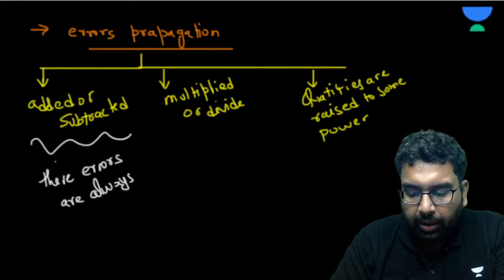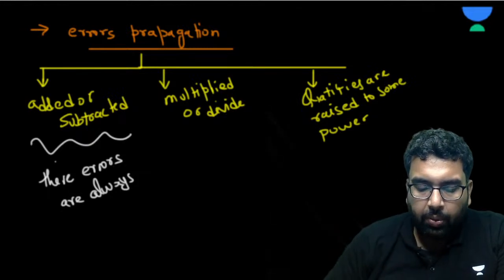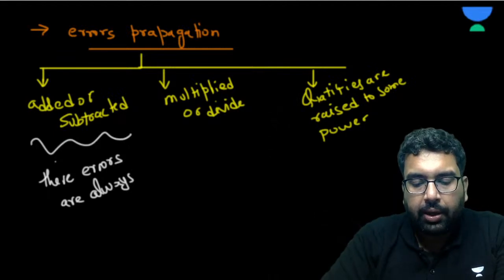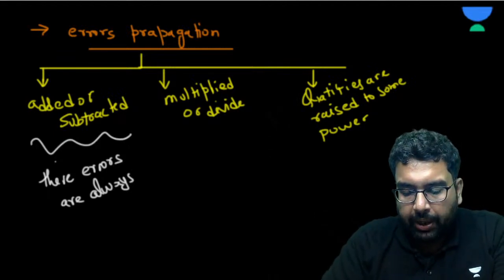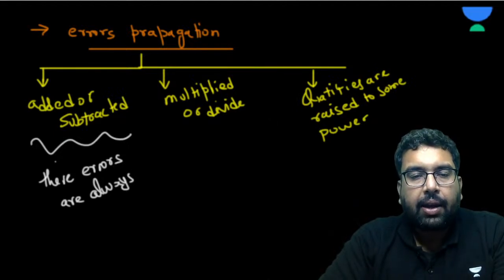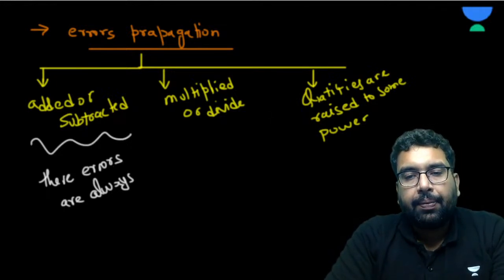No matter what, if two quantities are being added or being subtracted, their errors are always going to get added.